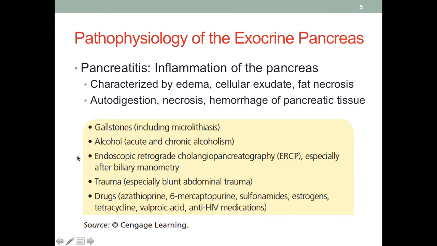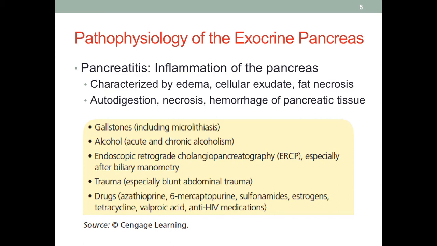The main condition we will discuss today is the inflammation of the pancreas called pancreatitis. The inflammation of the pancreas is characterized by edema, cellular exudate, and fat necrosis. In this condition, whether it's chronic or acute, autodigestion will occur.